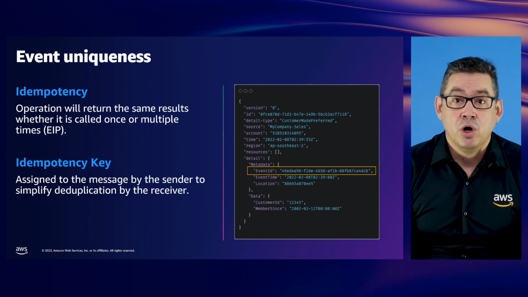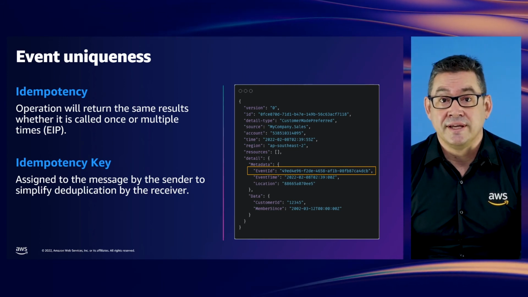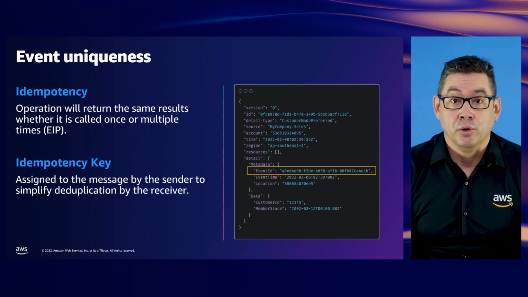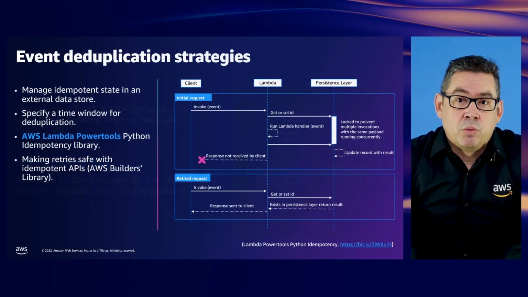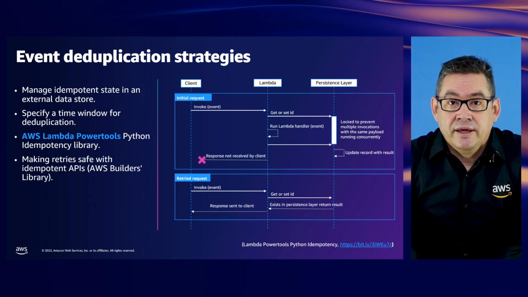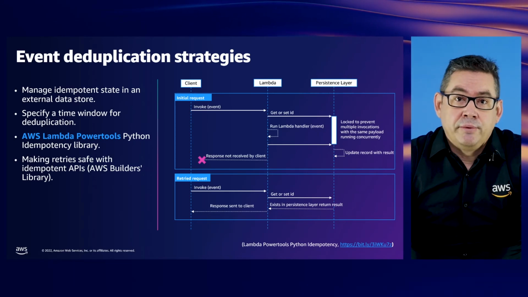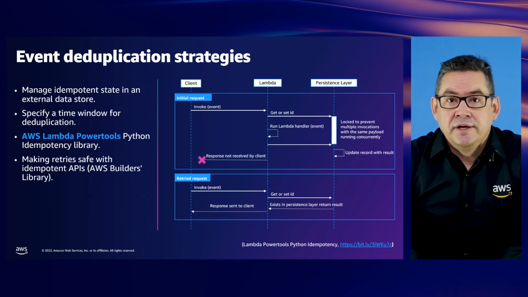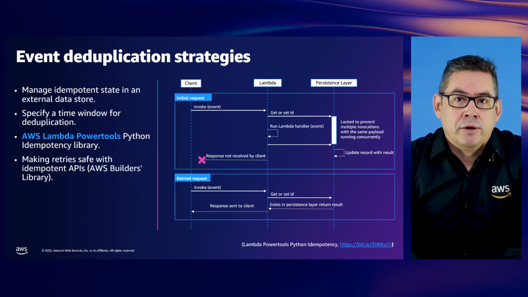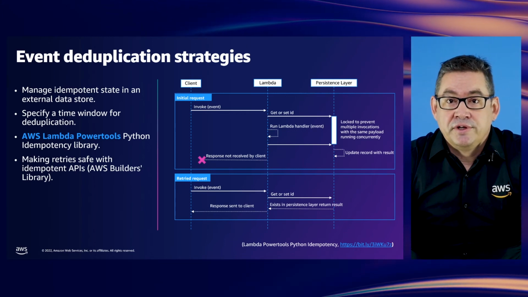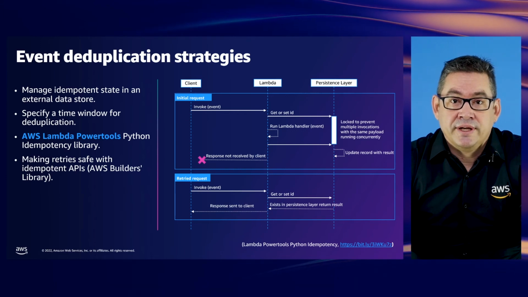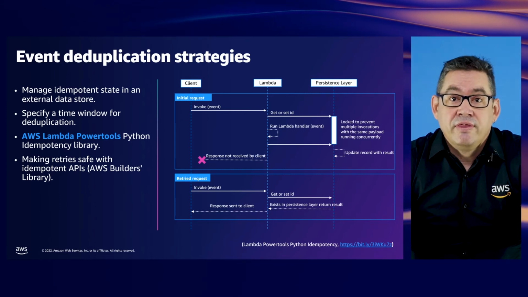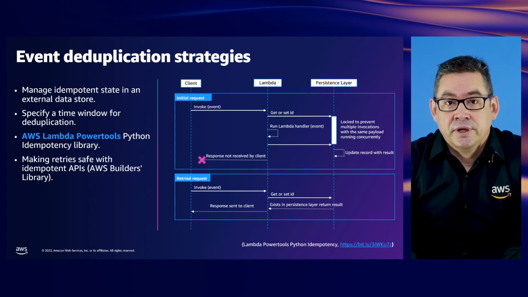In this example, we could use the event ID that we sent in the event metadata we created earlier. This provides us a way to track the idempotency state in an external data store. Another important aspect of managing this state is determining the length of time the idempotency is evaluated. For example, if you look at the Amazon SQS and SNS FIFO implementations, there is a deduplication window of 5 minutes.